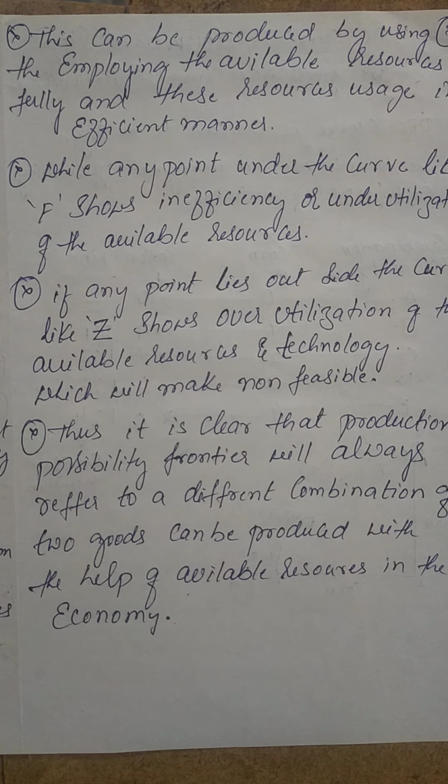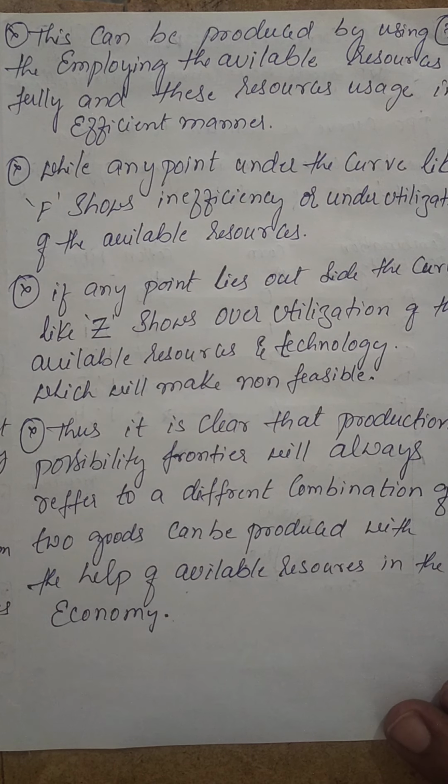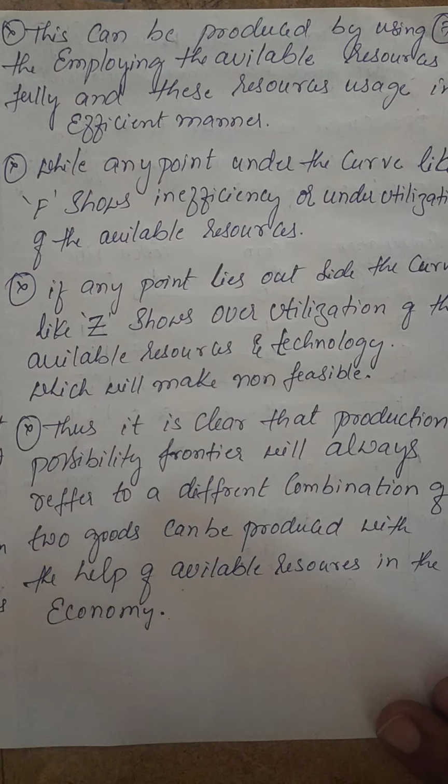For example, when you ask the employee to produce more and more than the capacity, what happens to the particular labor? Labor will lose his strength, energy, or enthusiasm towards the work. That becomes maximum utilization.